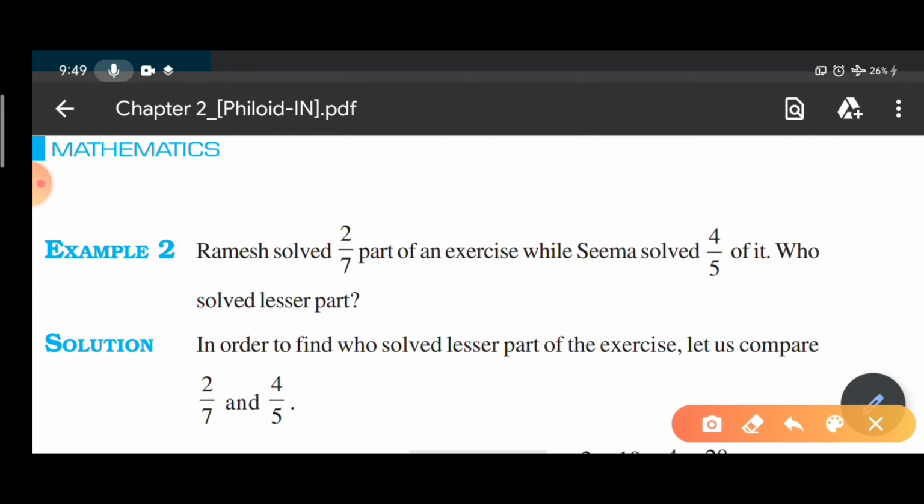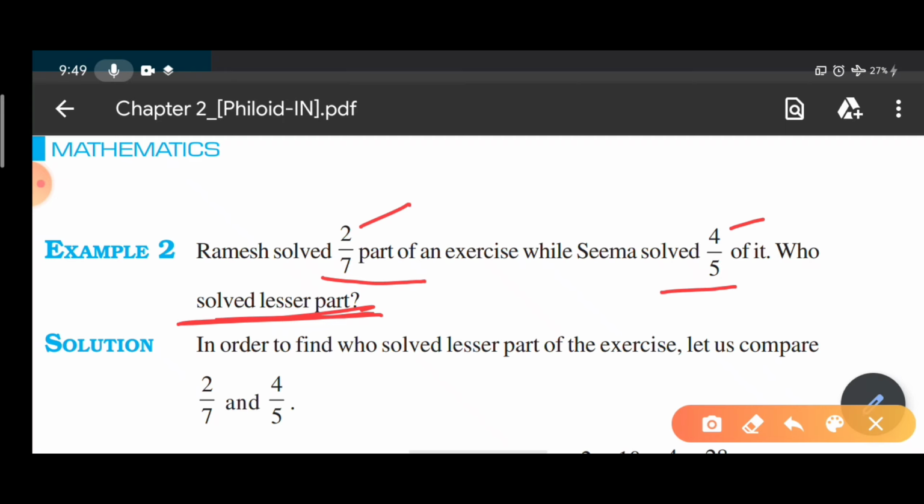For example, here the problem says Ramesh solved 2 by 7 part of an exercise while Seema solved 4 by 5 of it. Who solved the lesser part? Now here I have to do a comparison, which I can do only if I get to know which one is greater and which one is smaller.